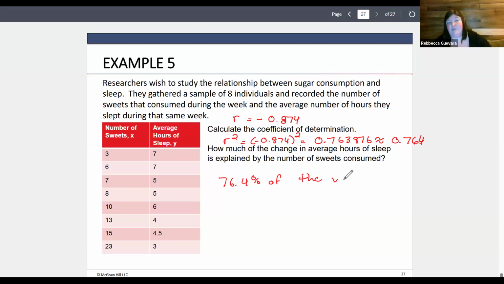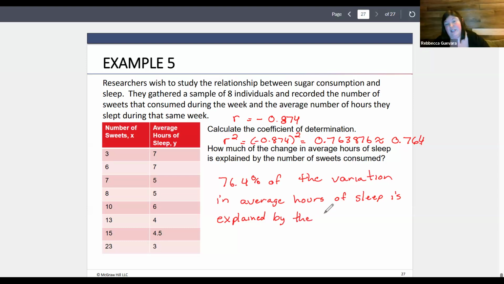of the variation in average hours of sleep, so it's always going to be your outcome variable, is explained by the least squares regression line.